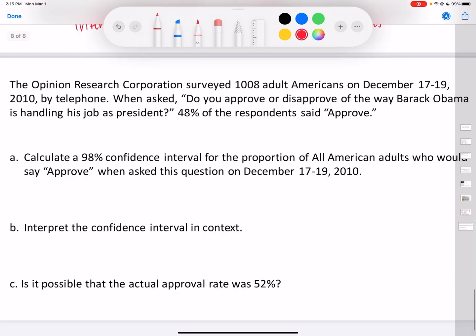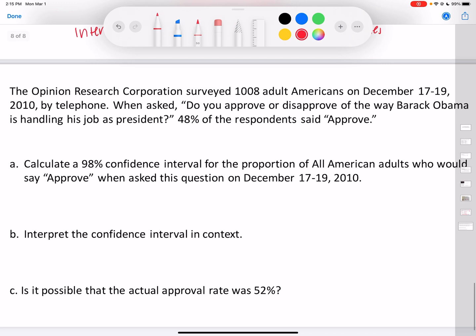All right, let's look at another example. The Opinion Research Corporation surveyed 1,008 adult Americans on December 17th through the 19th by telephone. When asked, do you approve or disapprove of the way Barack Obama is handling the job as president, 48% said approve. That 48% is going to be my p-hat. Okay, so my p-hat is composed of my successes over my n.